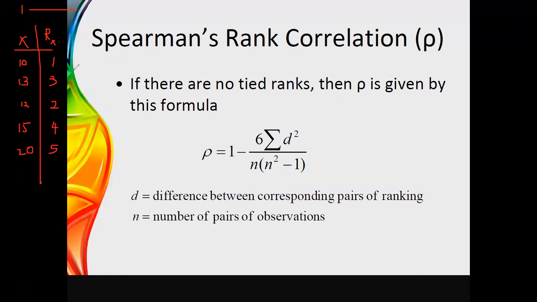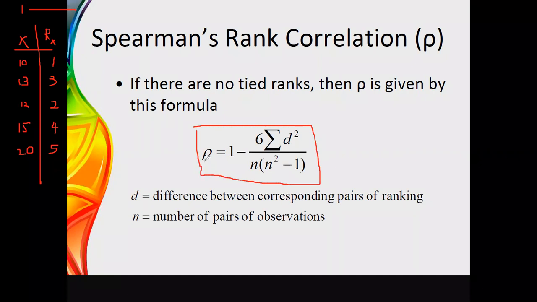Therefore, in a case like this, you can directly apply this equation to calculate the Spearman's rank correlation. If there are no tied rankings, we can use this equation to calculate the value for rho.